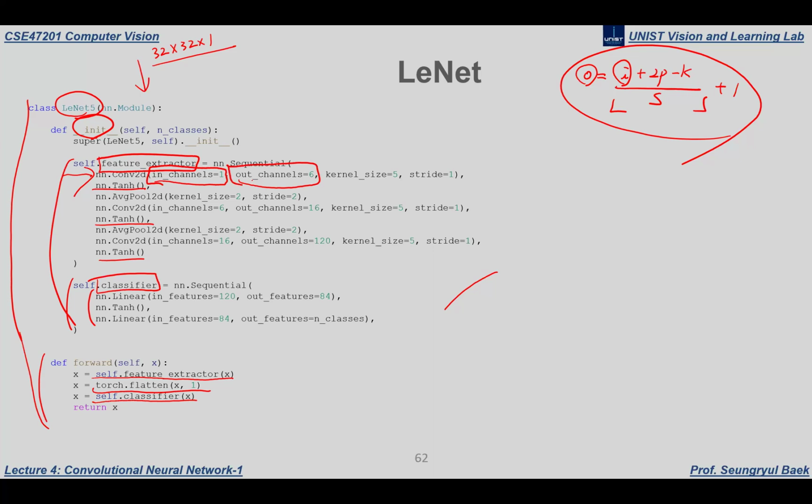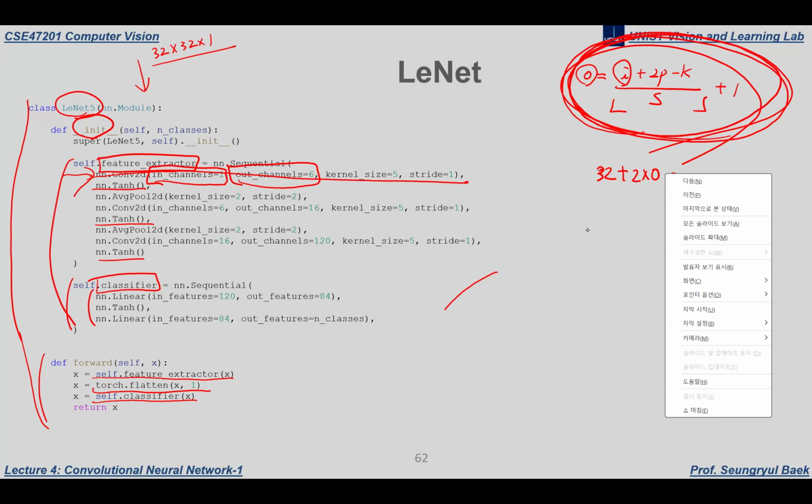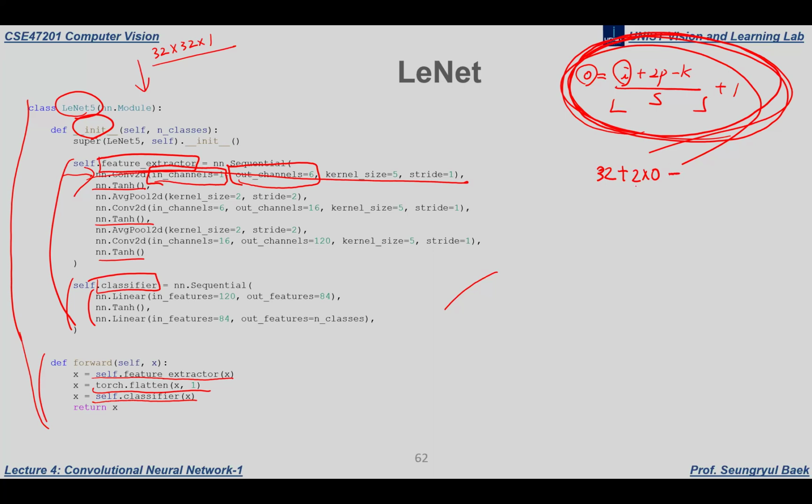Because this is the convolution operation, the 2D output size will meet this condition. The input is 32 and there is no padding, because you didn't specify any padding-related argument here, okay? The kernel size is 5, and the stride is 1.